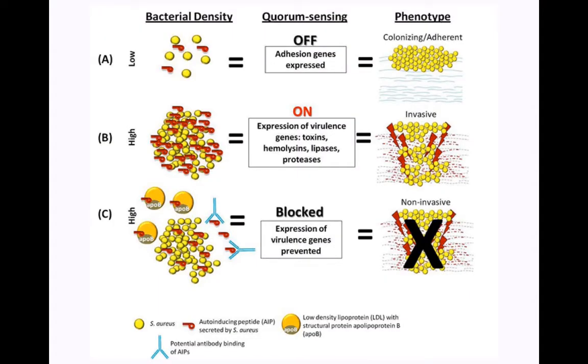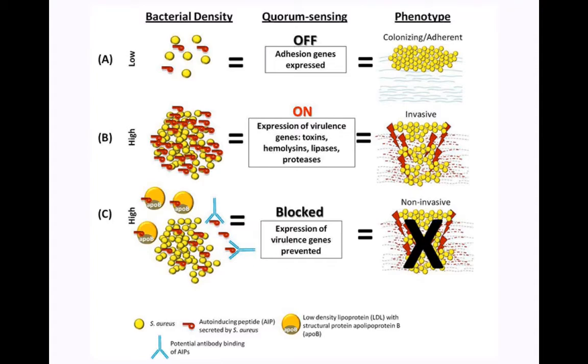Now, people are actually trying to take advantage of this in the pharmaceutical industry. This is why quorum sensing is so important, because I'm hoping, and I think a lot of people are hoping, that quorum sensing is going to be another Achilles heel of bacterial populations. So what some people have done is they've come up with an antibody.